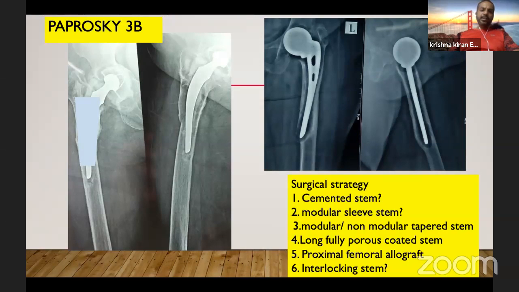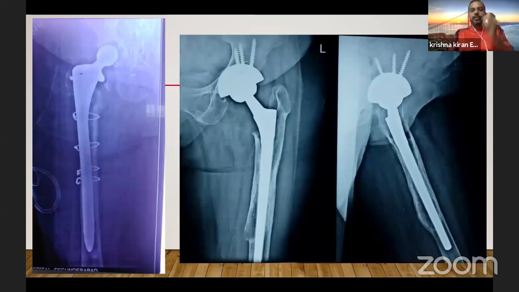If we are using a modular tapered stem where the proximal and distal parts are separate from each other, it's a good idea to use cortical allograft on top of the defect area and use a plate to support this particular allograft to offload that modular taper junction.